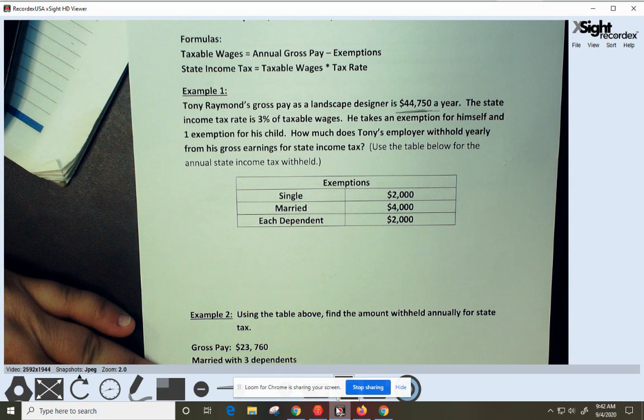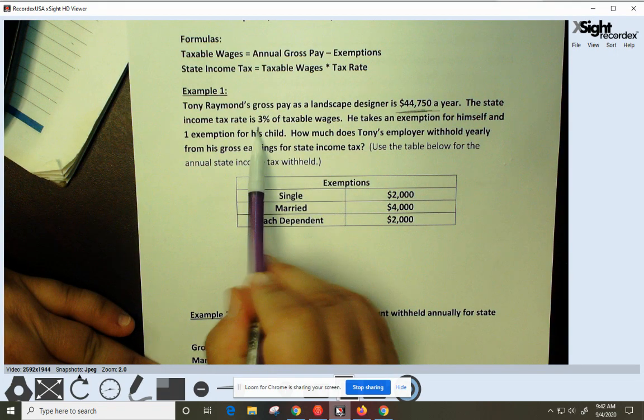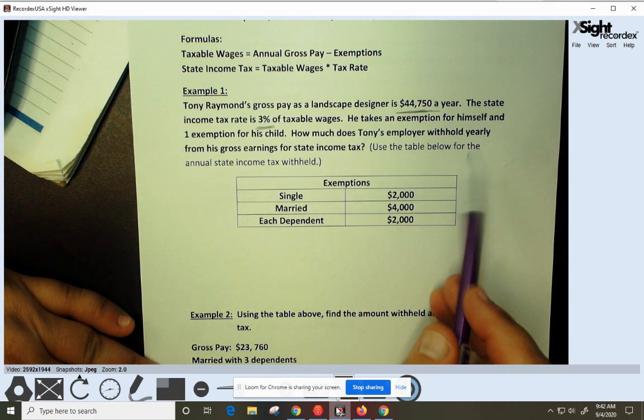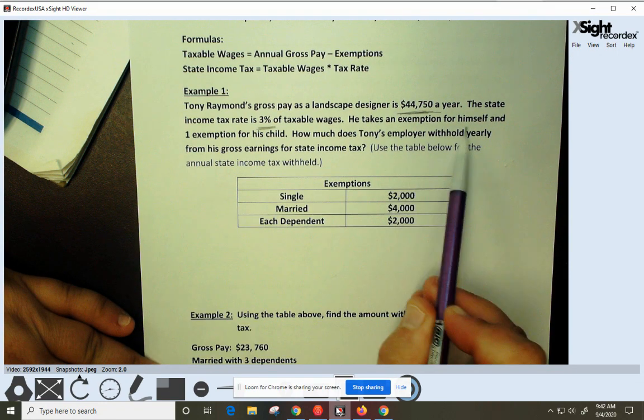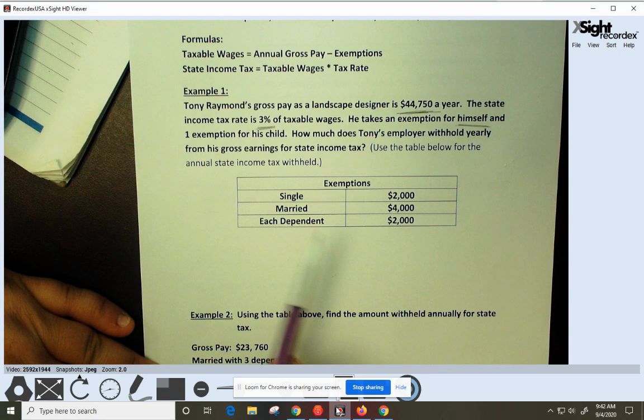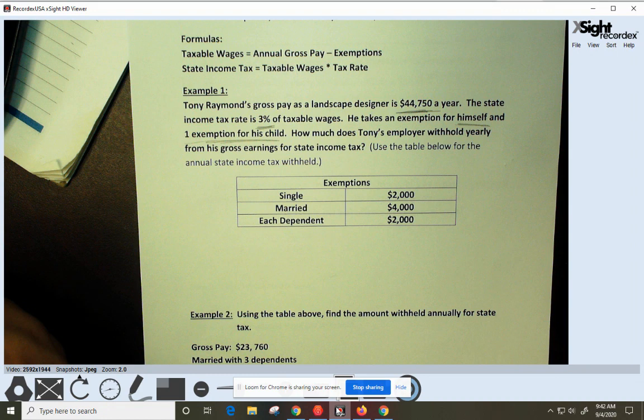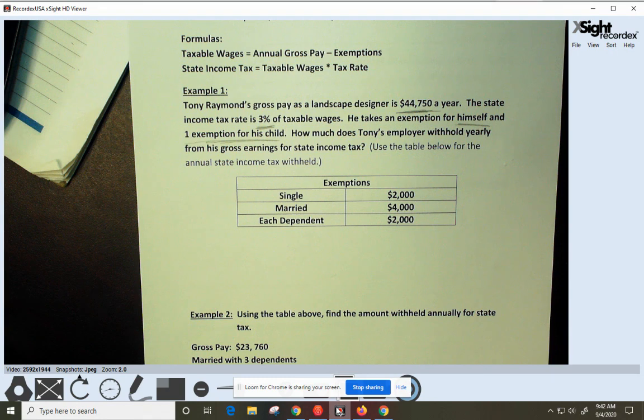The state income tax for him is 3% of his taxable wages. But if you'll notice, he gets some exemptions. He gets an exemption for himself, and he gets one exemption for his child. How much does Tony's employer withhold yearly for his state income tax?